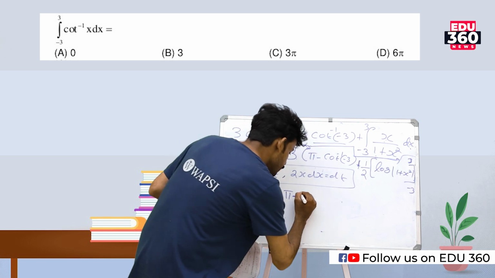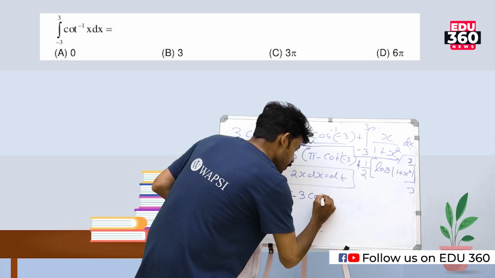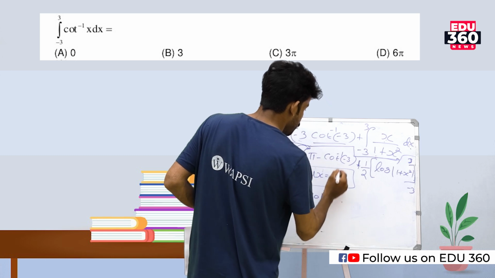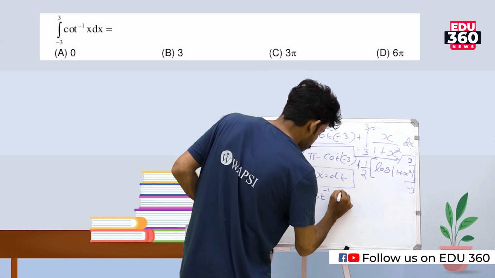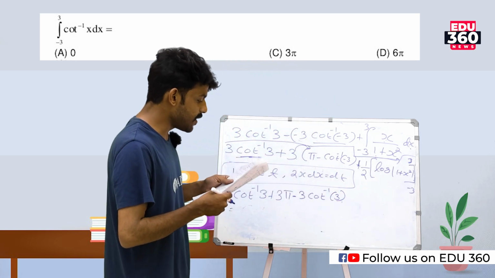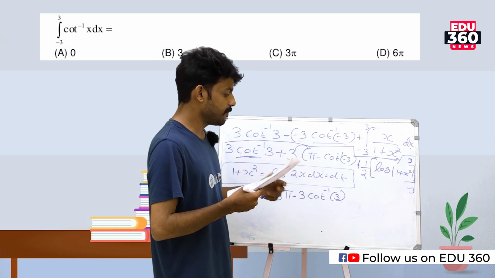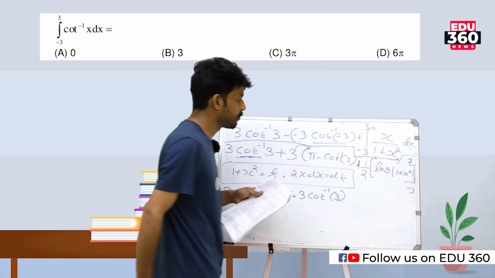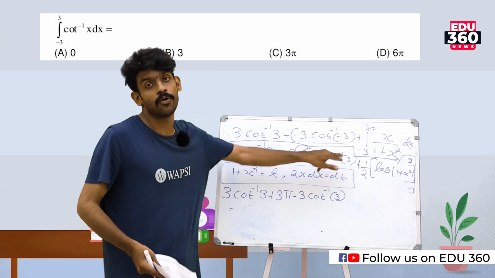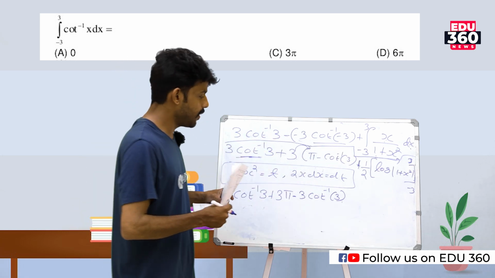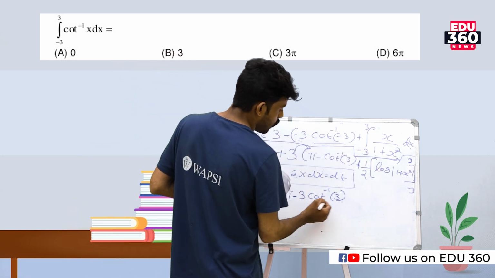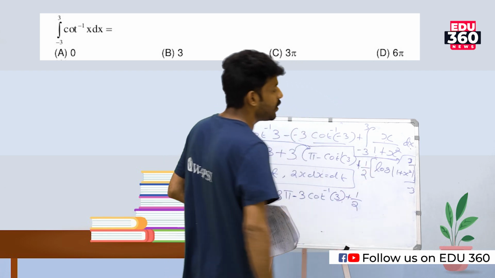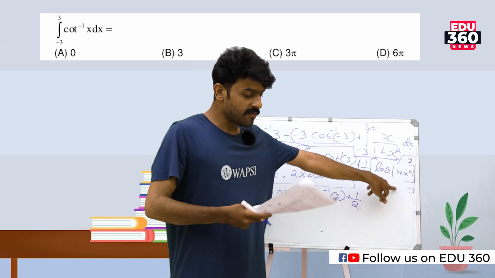So that will become cot inverse 3. Yes, mistake: pi minus cot inverse 3. So minus 3 into cot inverse 3 plus 1 by 2 into log 1 plus x square.